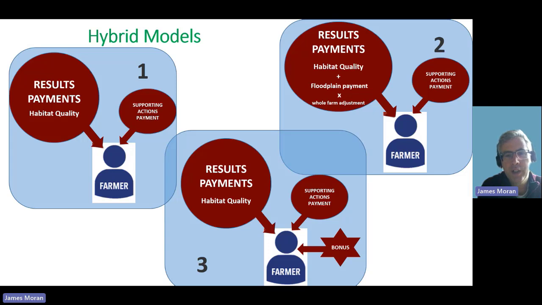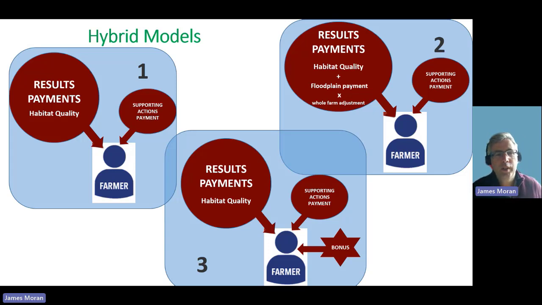And then we also have a third model that has developed, which includes bonus payments. So it's very similar to one. You have your results-based payments for various features on the farm, supporting actions to enhance the quality of those features or put in features where they do not exist. But in some areas, you might have a target species, for example, that's roaming over a large area of the landscape, and you want to ensure that the farmers are incentivized to work collectively for the benefit of that species.